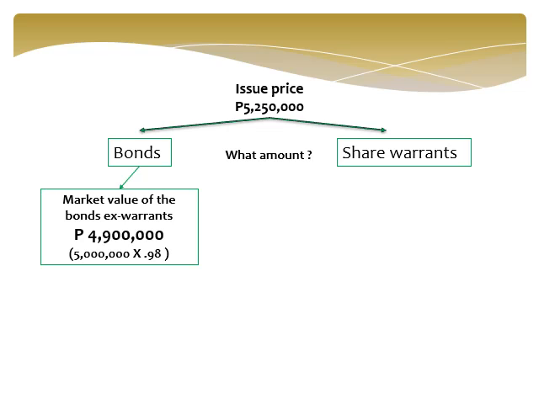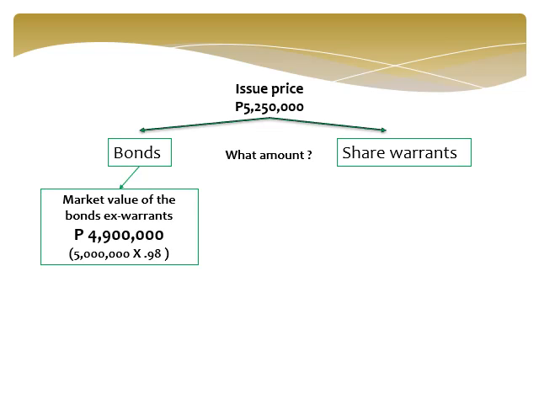Ano ba yung value ni bonds kung in-issue lang sana siya without the share warrants? Given yun sa problem. Ang sabi, the market value of the bonds x warrant is 98. So, therefore, 5 million yung total face amount of the bonds times 0.98. So, therefore, yung market value ng bonds is 4.9 million.